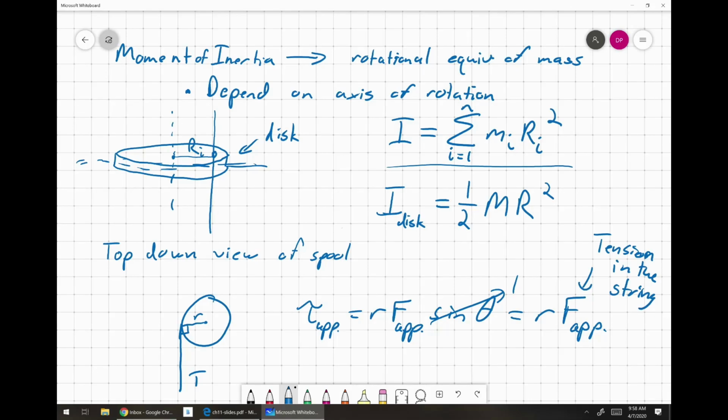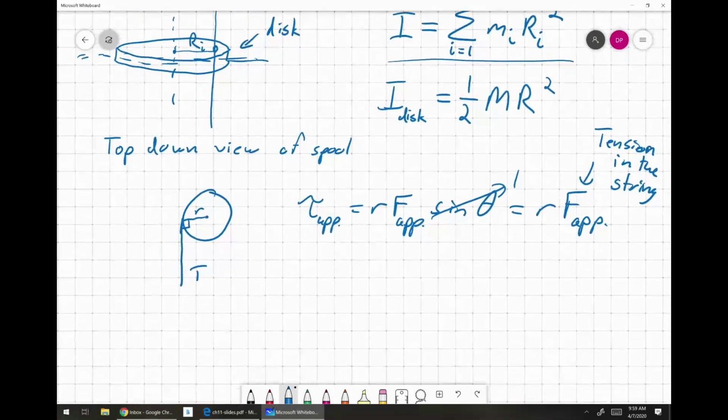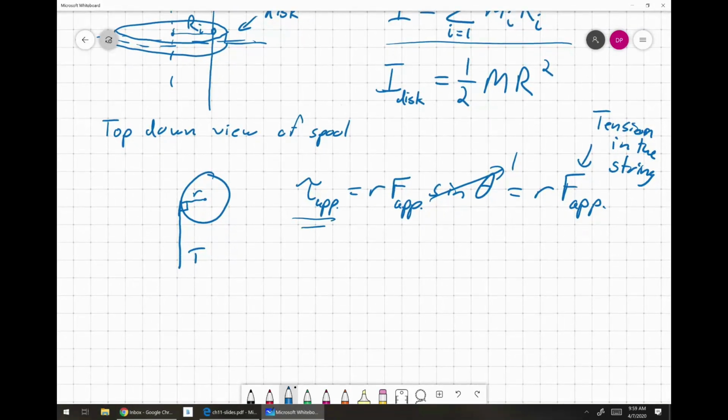Okay, so we can control how much force is applied by putting different amounts of mass to hang off of the end of this string, and that can increase the force if we increase the mass, or we can decrease the force by decreasing the mass, and so on and so forth. But the thing is that we can then come up with some expression for this applied torque.